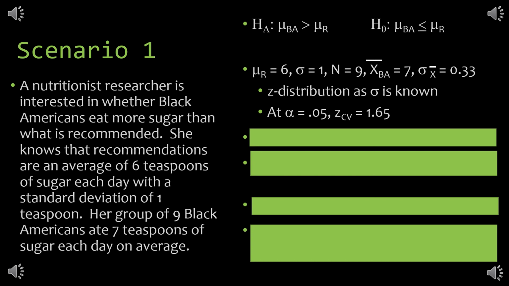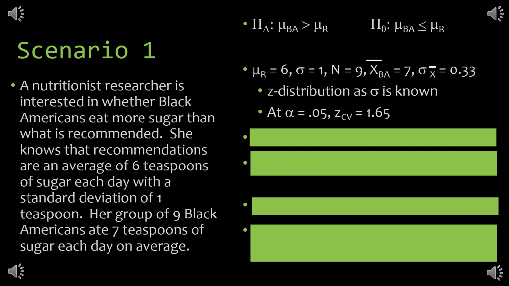From that, we know that we need to use the z-distribution because sigma is known. So we'll use the z-distribution to get a critical value. We know that it's a one-tailed test from the alternative hypothesis and the null hypothesis. So our z critical value will be 1.65. We don't know yet whether that's a plus or a minus.